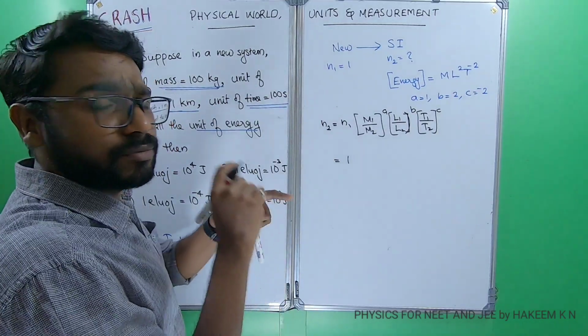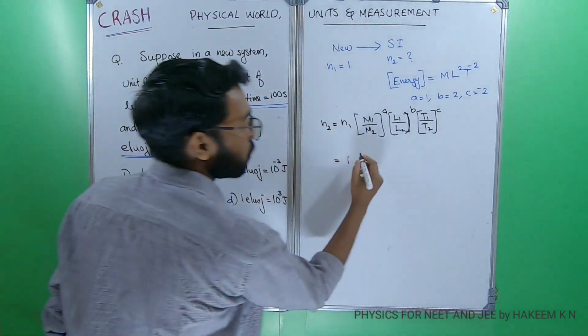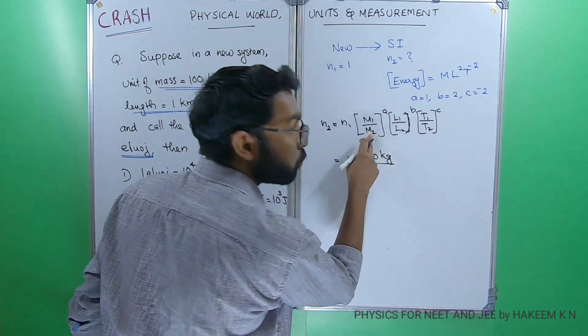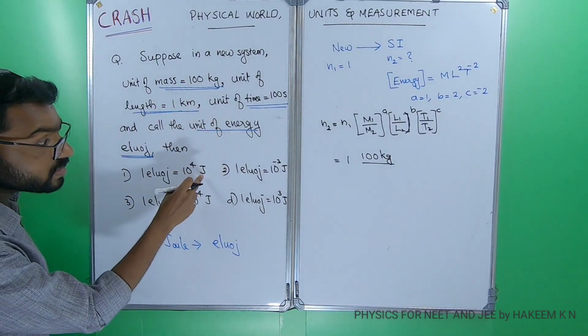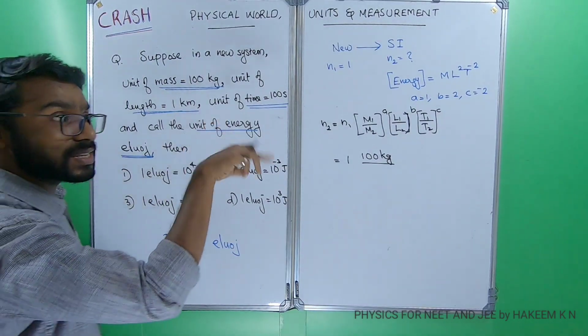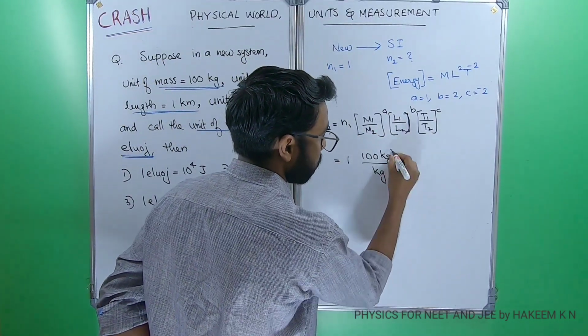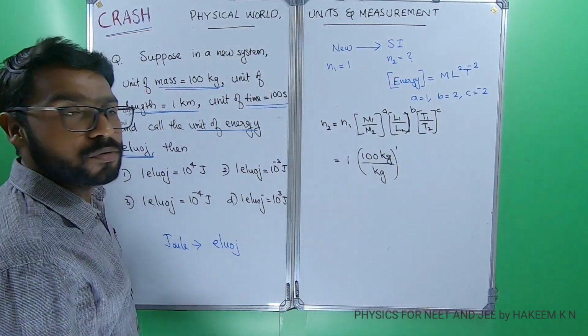M1, unit of mass in the first system, is 100 kilogram, divided by M2, unit of mass in the second system. In the second system, the unit of energy is joule, so it is the SI system. In the SI system, unit of mass is kilogram, and a is 1, all power 1.